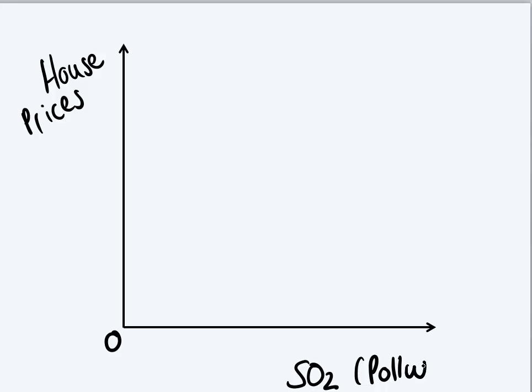Actually, I would rather that you just write pollution because I don't want you to get hung up on technical things like SO2. The point is SO2 is a substance that pollutes the air, so it's a kind of pollution agent, let's call it something like that.